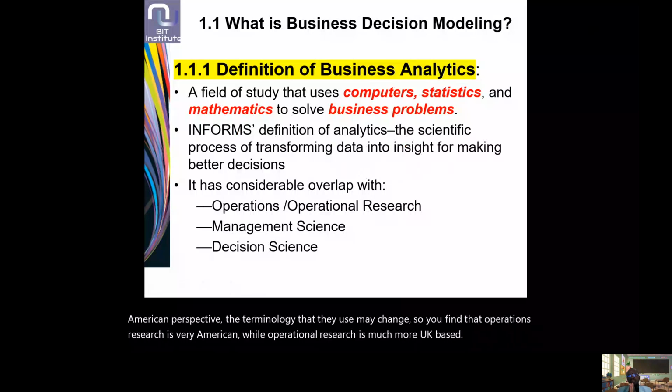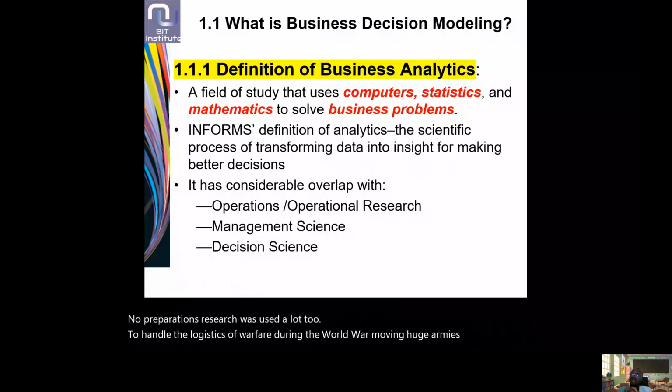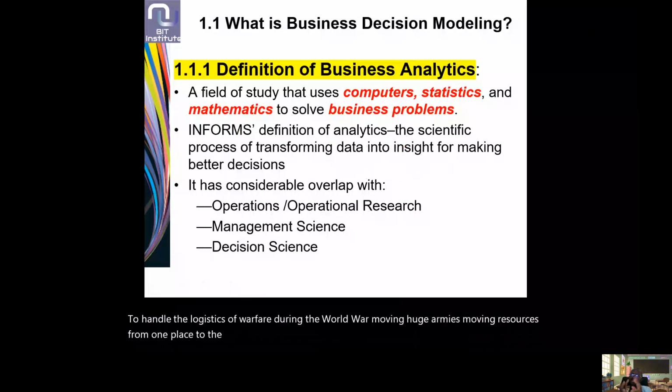However, we see the origins of operations research being used a lot in the military, particularly in the Second World War. Operations research was used a lot to handle the logistics of warfare during the war: moving huge armies, moving resources from one place to the other, and how to route these resources through various territories.